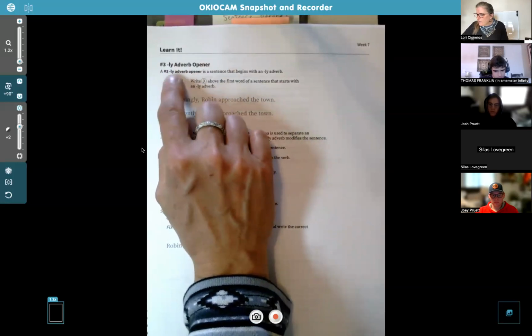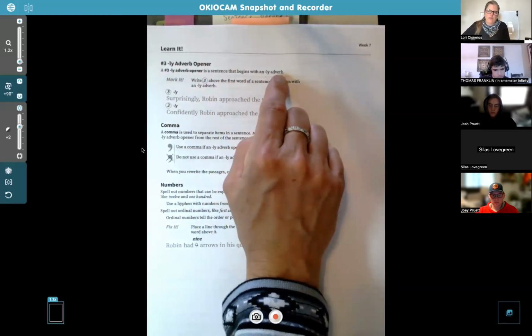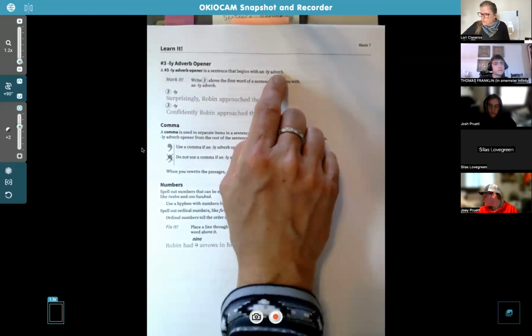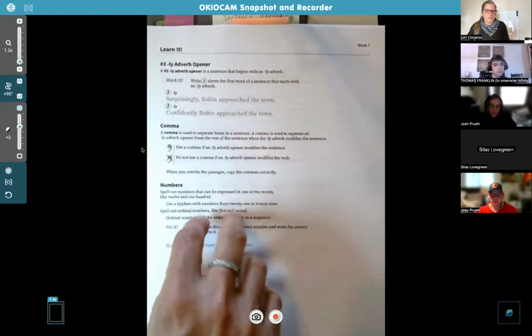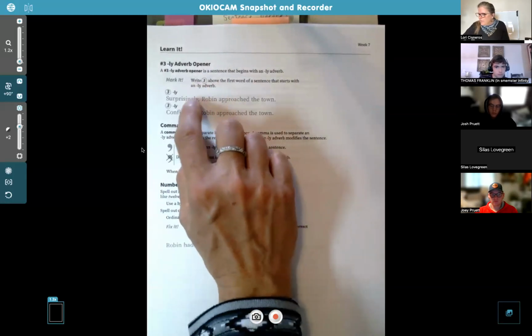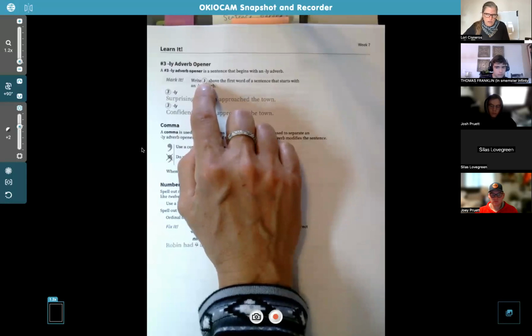But ly adverb opener is a sentence that begins with an ly adverb. So that's easy. We know what those are. We've been talking about those in the writing part of class. When you see a sentence in this book, in the grammar book, that begins with an ly opener, you're going to label it with a 3 with a circle around it because it's the 3rd opener.